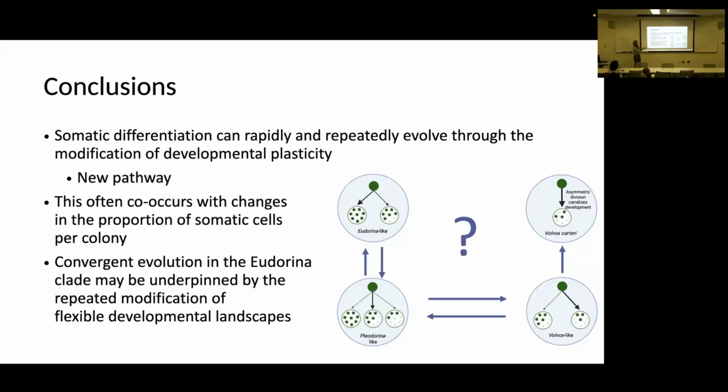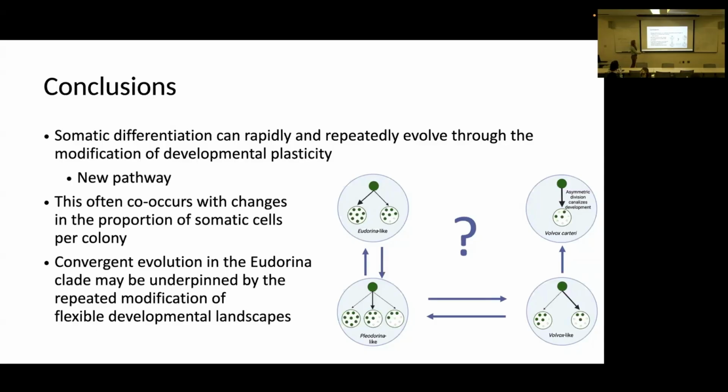Sometimes some of these Volvox species also have a smaller number of somatic cells than you would expect. So you can see these transitions between these two genus-typical states. And I think these are happening by the modification of which developmental pathways are predominantly followed, at least as far as the proportion of somatic cells goes.